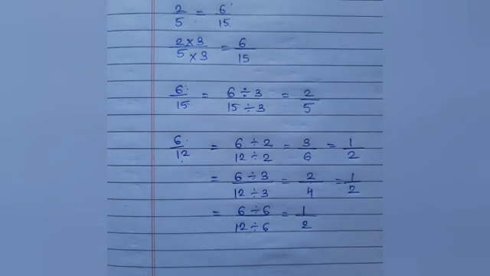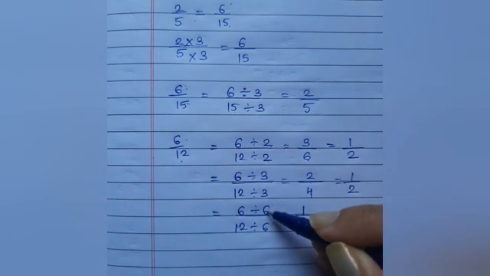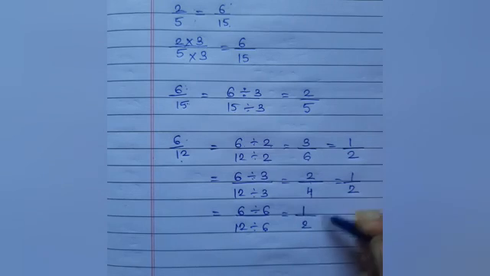Here we observe that all three examples got the same value, 1 upon 2. That is why it is called an equivalent fraction. This is all about finding an equivalent fraction.